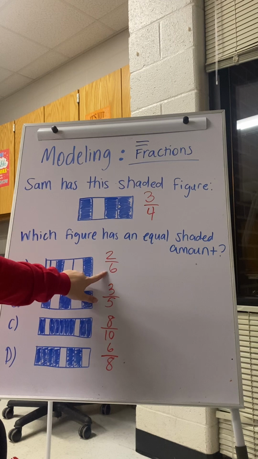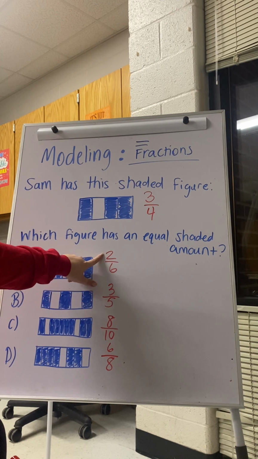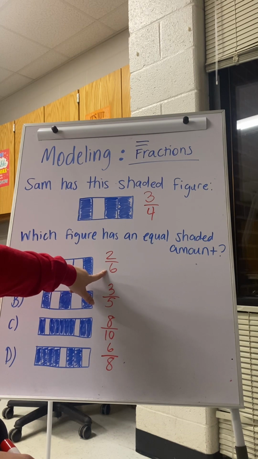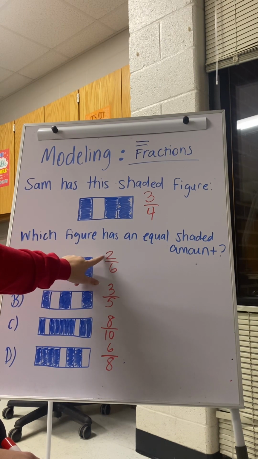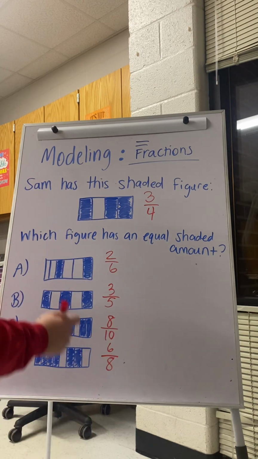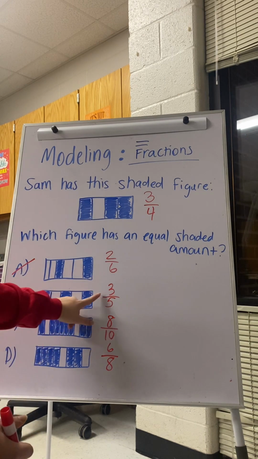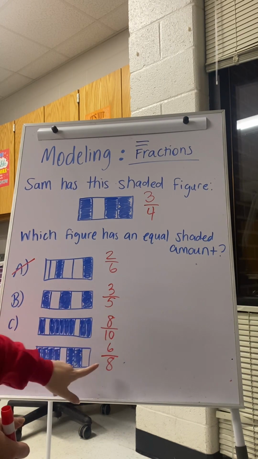But I do see I have a denominator of 6, a numerator of 2. 2/6 is actually less than 1/2 because what's half of 6? 3. And since you only have 2 pieces instead of 3, this is less than 1/2, which instantly can't be equal to 3/4. So once I've got that out of the way, I see all of these actually are going to be greater than 1/2.